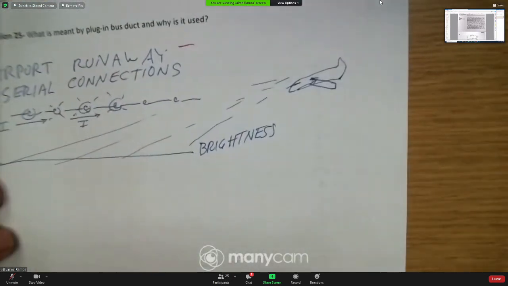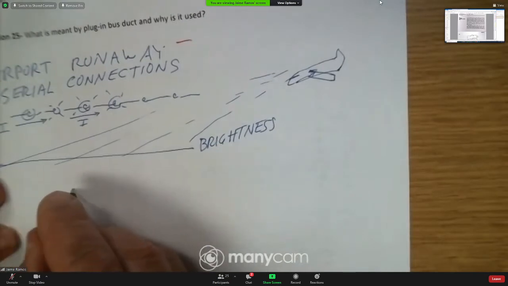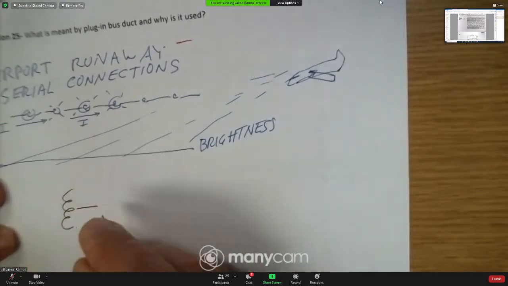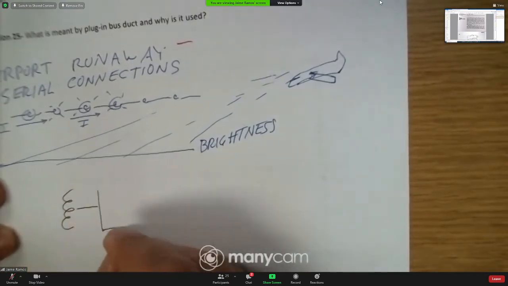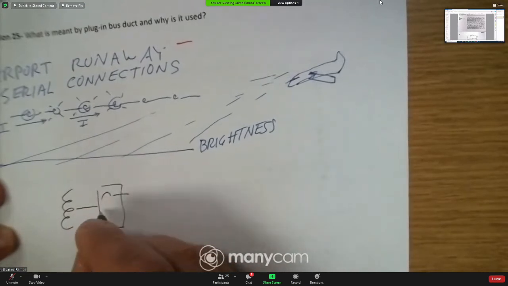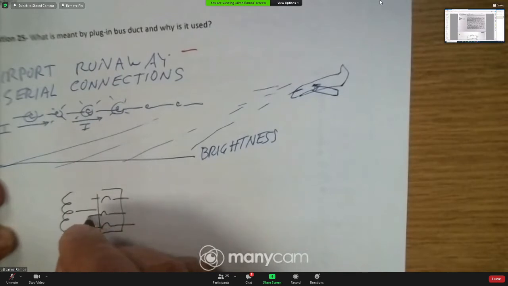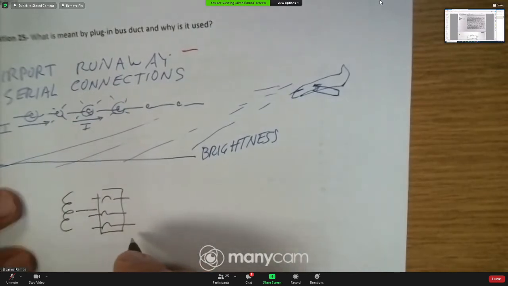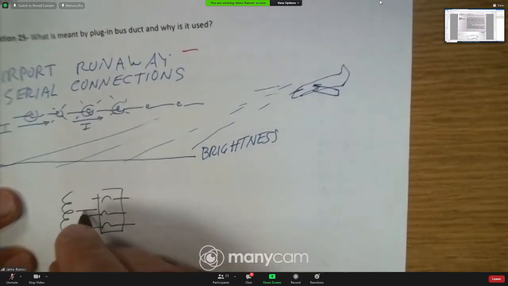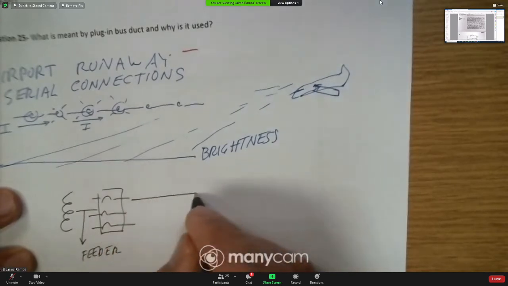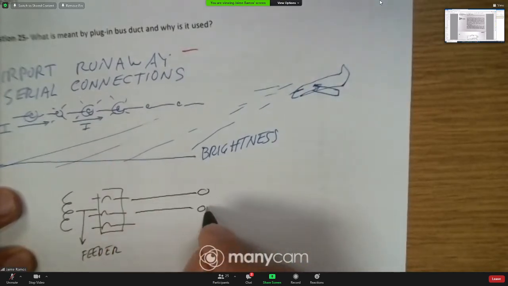So the 3% and 5% is this. Remember, we have our panels here. Okay, so then this is the feeder. Then here are the loads.